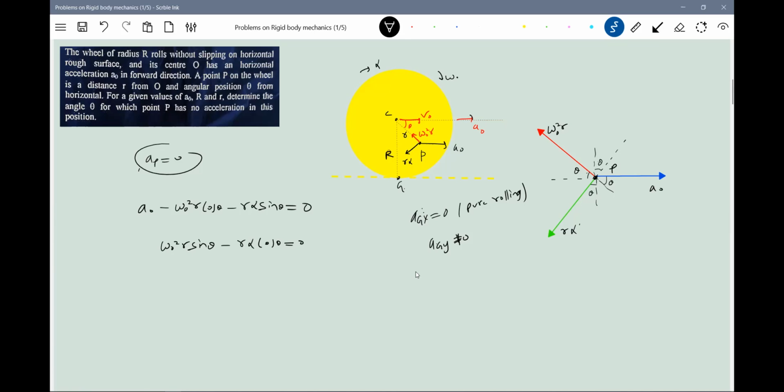Solving for theta, we'll get the required answer. The expression for theta is being asked. What is given? A naught, capital R and smaller r. So omega has to be replaced.